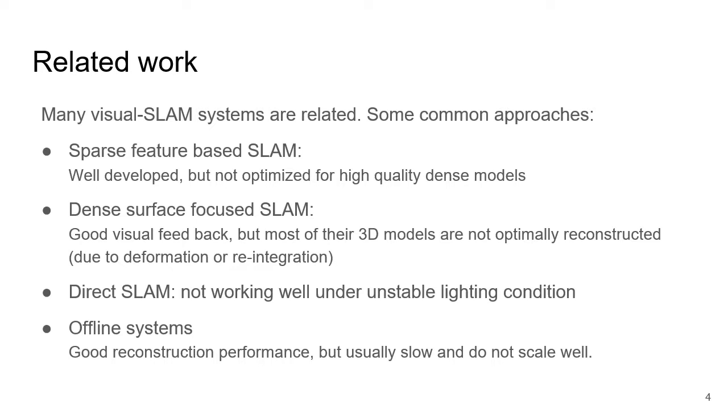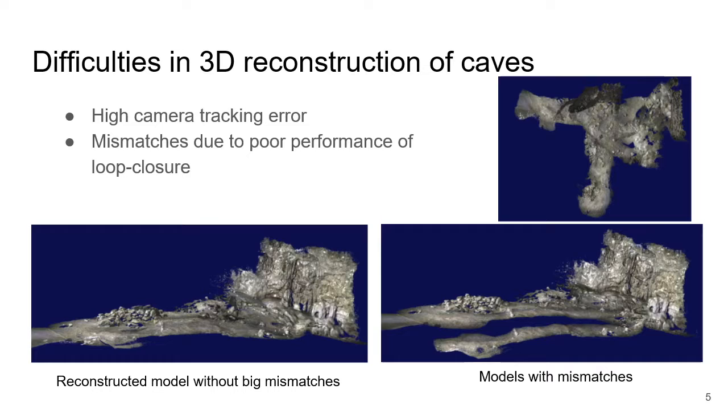So we tested existing SLAM systems on cave data, and we observed some common failure cases related to special difficulties in cave reconstruction. On the bottom left, you can see how the cave really looks.